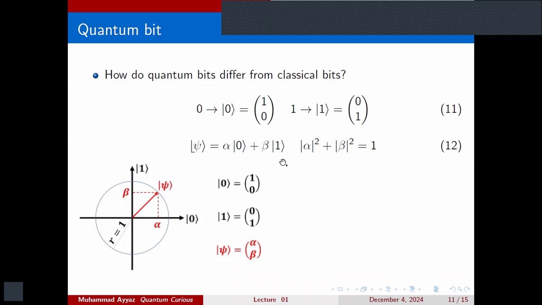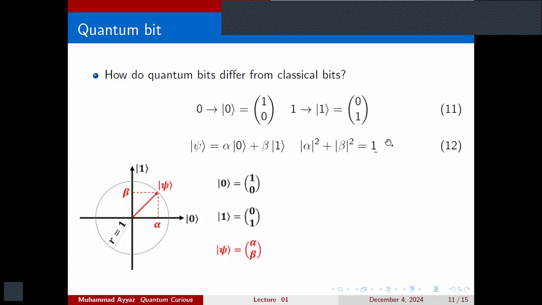And this phenomenon is usually called the superposition of the two bits or two states, where alpha and beta are the amplitudes of the state vector, and they are usually associated with probability. And if the state vector is normalized, alpha and beta usually follow this normalization condition.